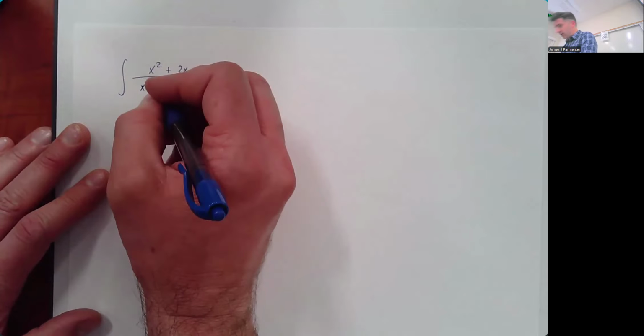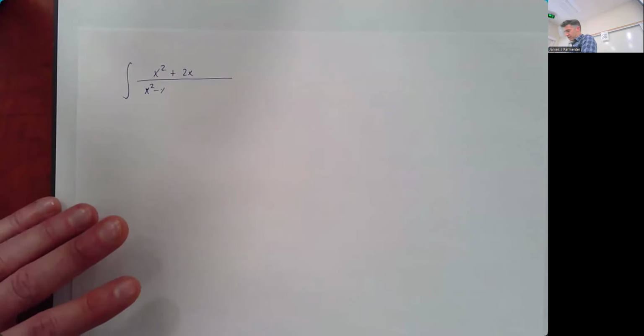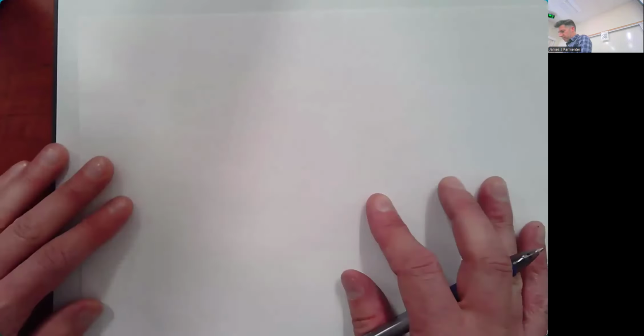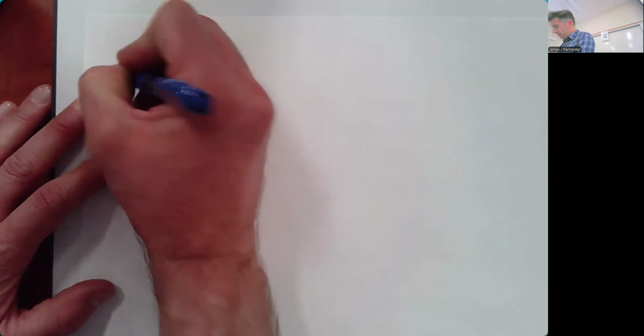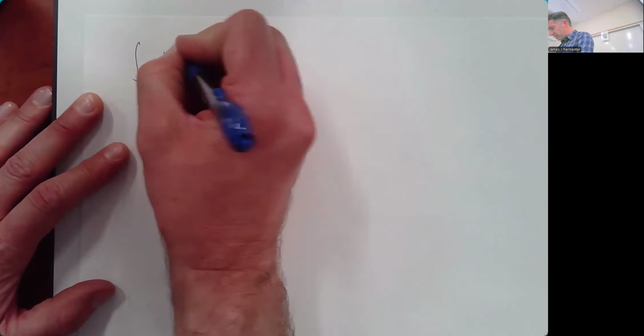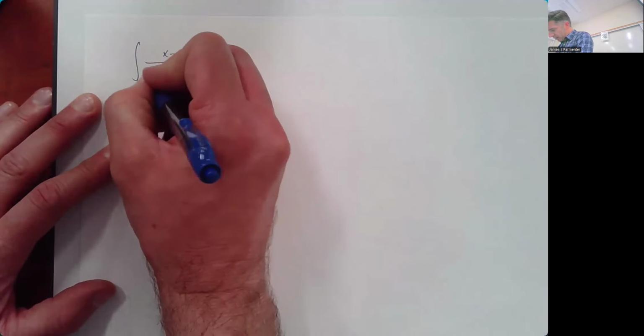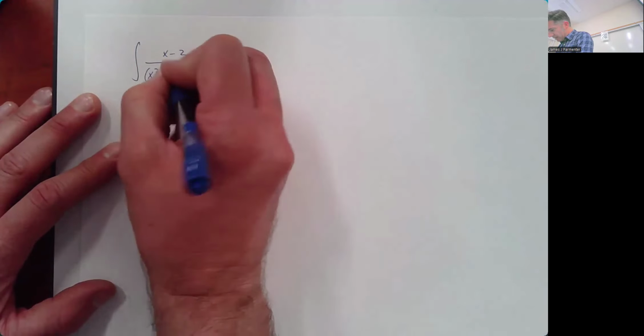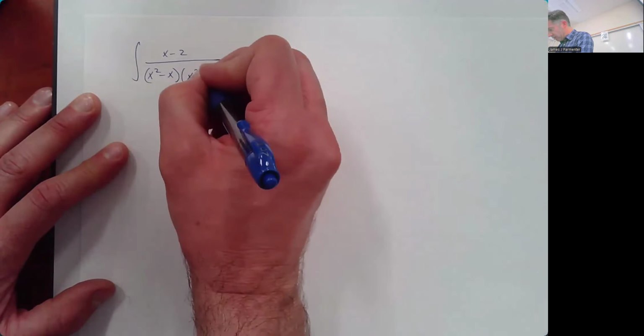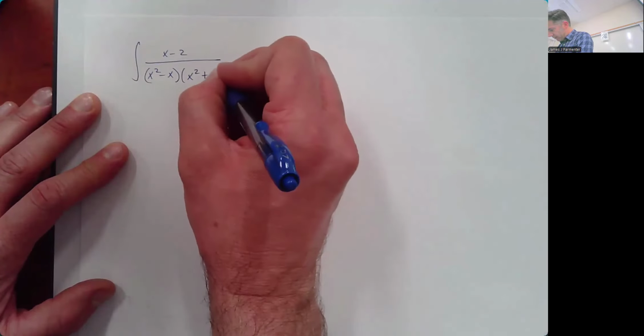Sorry, I'm making bad choices here. I'm going to start over. Apologies. I know it's terrible when people do that. Let's do this again. Let's try this. The integral of x minus 2 over x squared minus x times x squared plus 1.